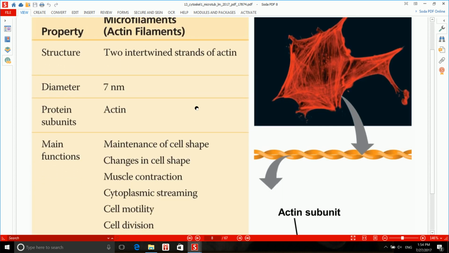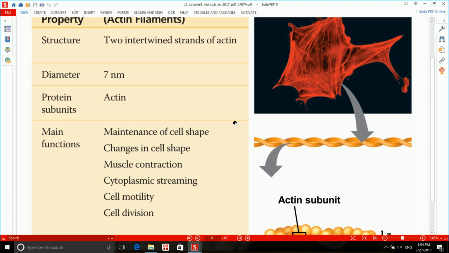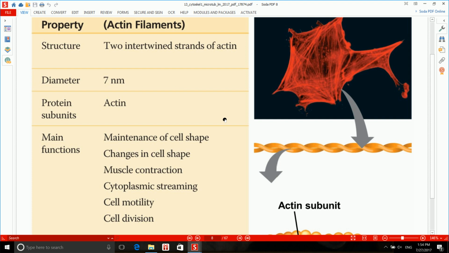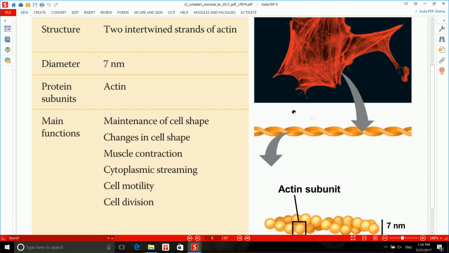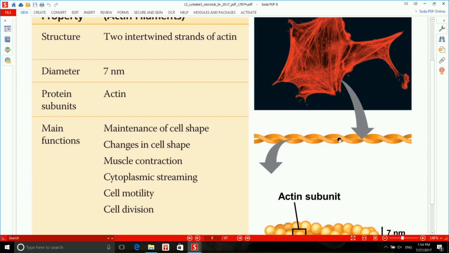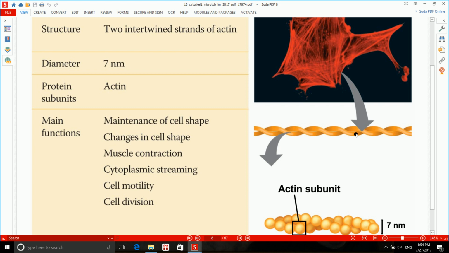Now, the last of them is the actin or microfilament, which is formed by actin subunits. What is the structure of this microfilament? The structure is like DNA. It is a double helical structure. So there are two actin filaments which intertwine with each other, and they form a DNA-like structure.